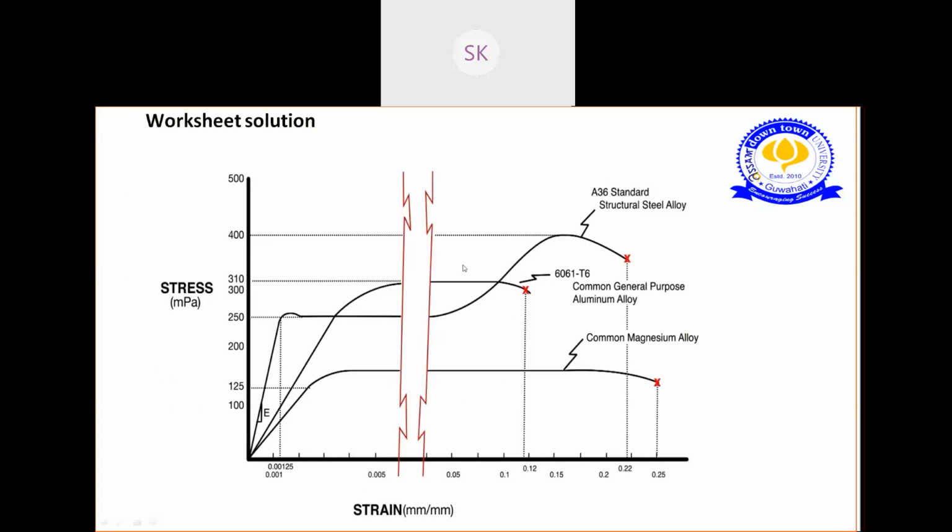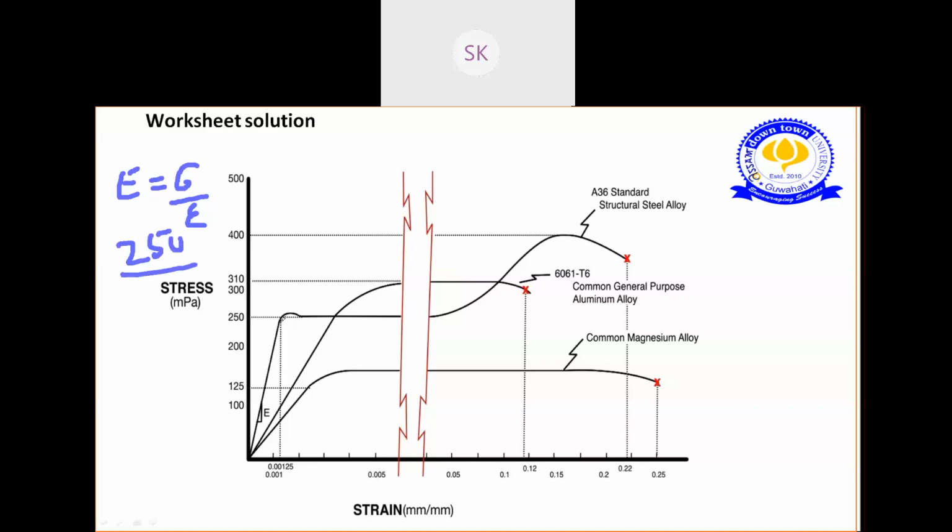Let me show you this diagram. How will you find the modulus of elasticity for steel? Steel is this curve. How will you find the E value? No idea? Okay, let me share. Stress by strain, ma'am. Yes. So this is our curve, and we have to find E for steel. E is nothing but stress by strain, right? So what is the stress from the curve? 250 is our stress.